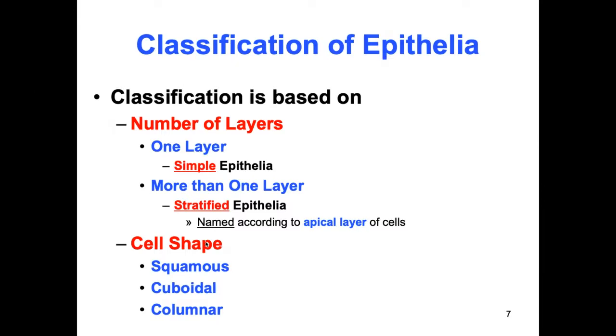So we have to look at the shape of the cells, which gives us part of the name, and then we look at how many layers we see of those cells. If we see only one layer, then we call it simple squamous epithelium. If we see more than one layer, we call it stratified squamous epithelium, or simple cuboidal epithelium, or stratified cuboidal epithelium. And we're looking at the number of layers at the top surface, or the apical layer, right? The apex, the layer that's at the top.